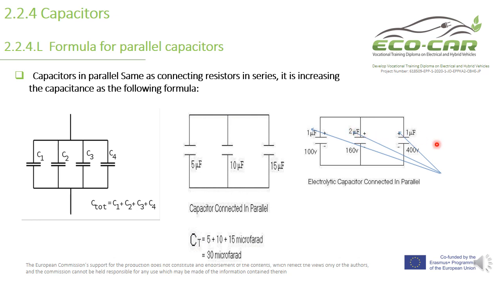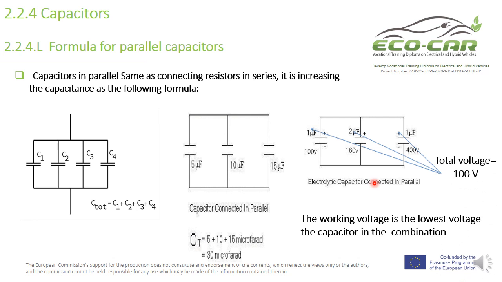What about the working voltage? The working voltage for this circuit is the lowest voltage of the combination. So it is 100 volt. This is the working voltage for these three capacitors.